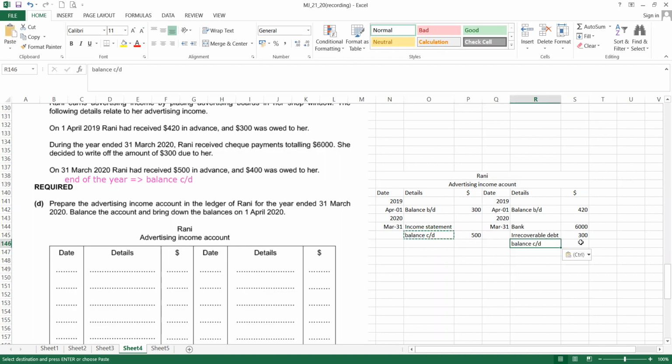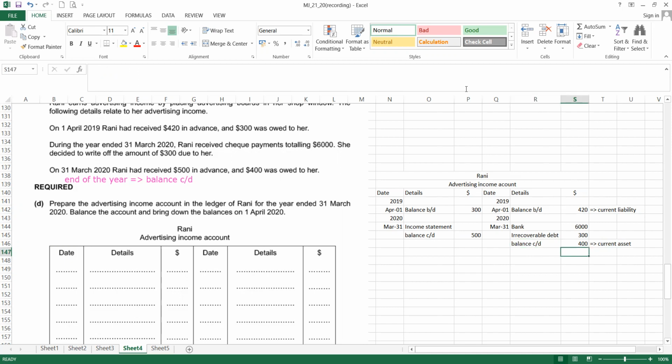At the end of the year, the asset balance carried out will be on the credit side. So this is the current asset, whereas this one is the current liability. Because this is the beginning of the year and this is the end of the year, one is a balance brought down and one is a balance carried out.